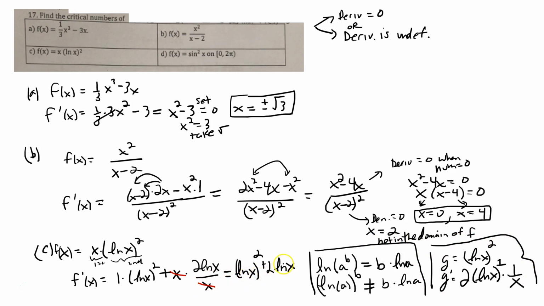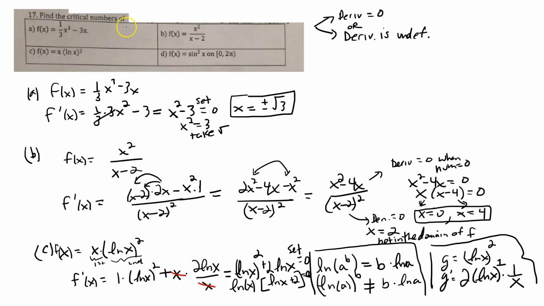We want to know what that's equal to 0 at. So we set that equal to 0, and hopefully you can factor out an x. And you'll be left with the natural log of x plus 2 being equal to 0. Let's go to another slide.